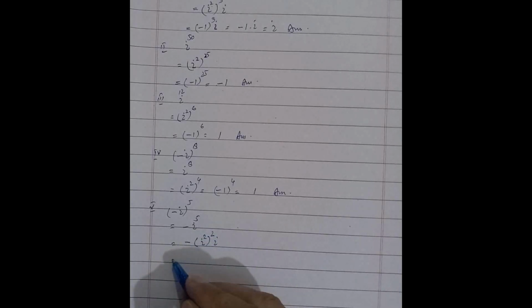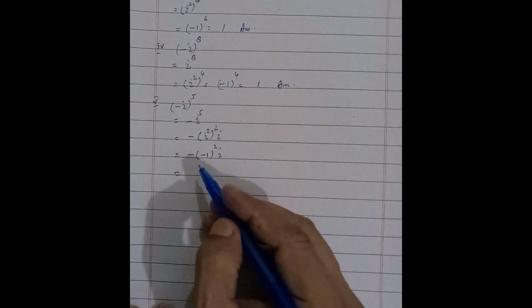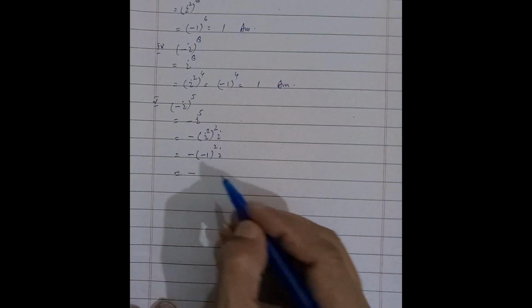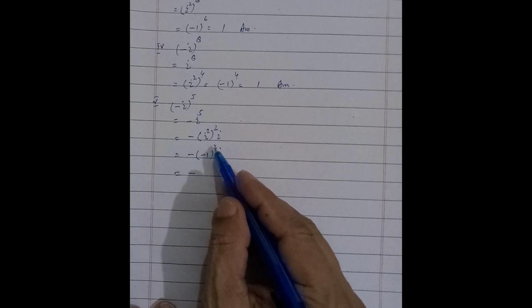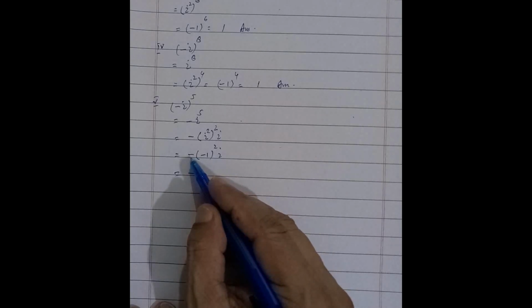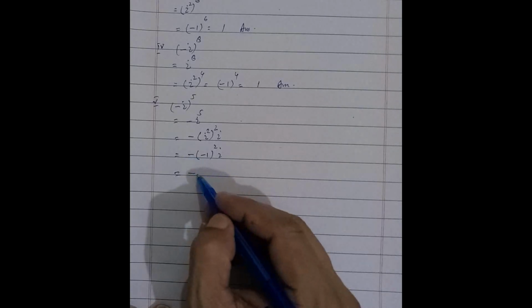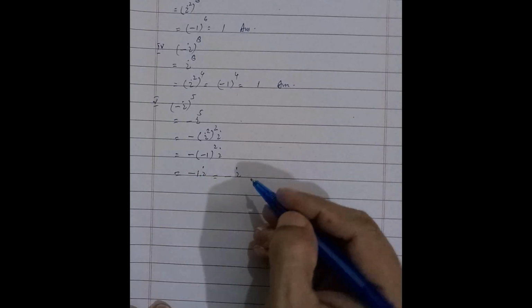And here it is -1. Minus iota square is equal to -1 square, into iota. Minus 1's power 2 is an even number, so this minus 1 is plus 1, and outside of the bracket is minus, so it is minus 1 into iota, which is minus iota.